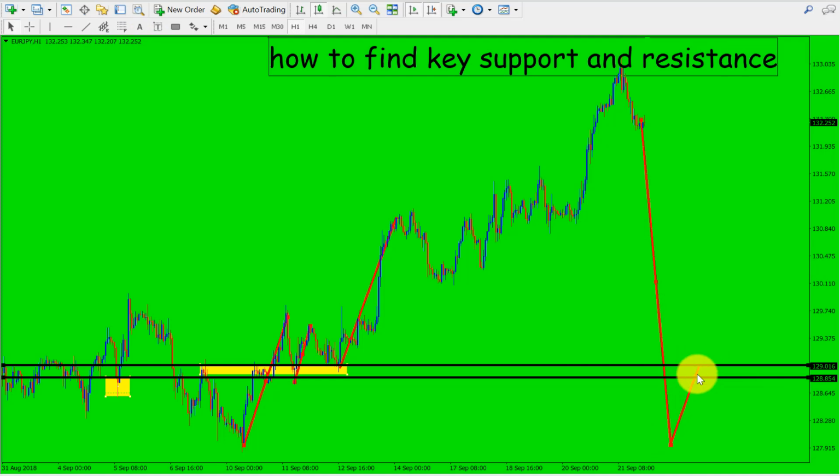If we sell this zone, then we can easily assume that this will be a profitable trade for us, because this was our previous support zone. If this zone breaks sharply now, then this will act as a resistance zone now.